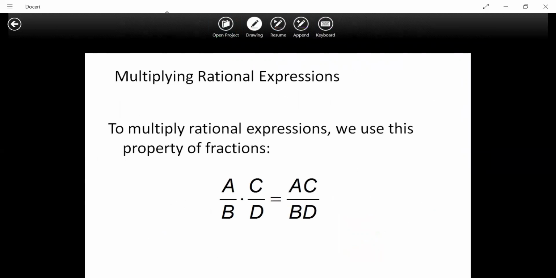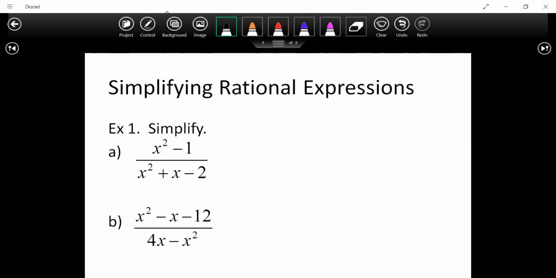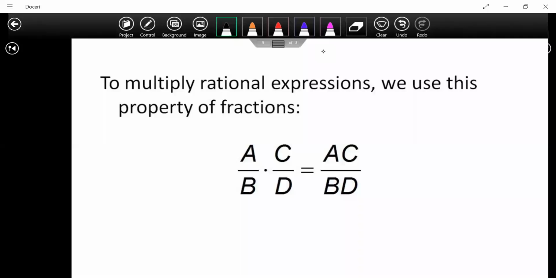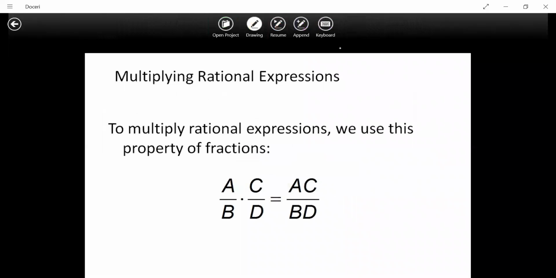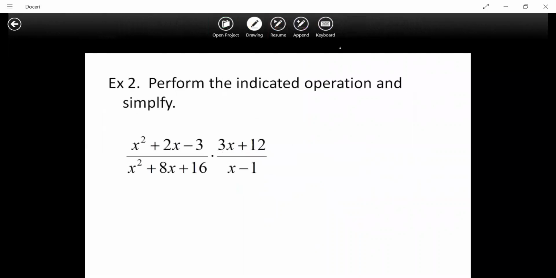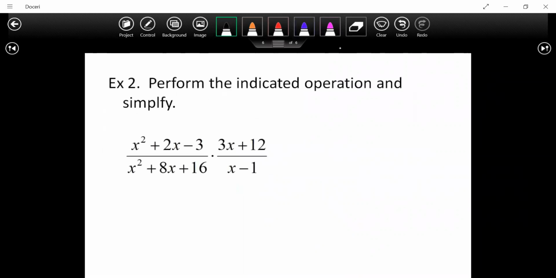Okay, copy that one down. So multiplying expressions, we just multiply across. Really not much to that. So copy down this one. Perform the indicated operation and simplify. We're going to kind of do it in reverse.